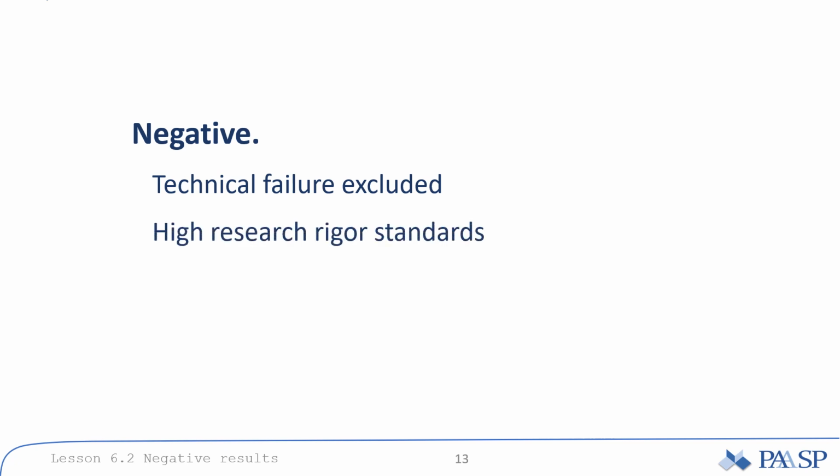Next, we make sure that the study was designed and conducted following high research rigor standards. For example, we have already discussed that underpowered studies are at risk of producing biased data. This will also be recognized by reviewers and readers of our publication.